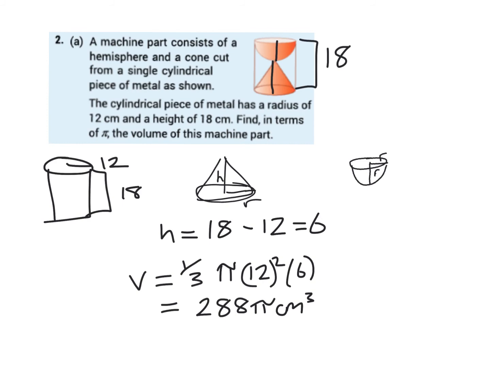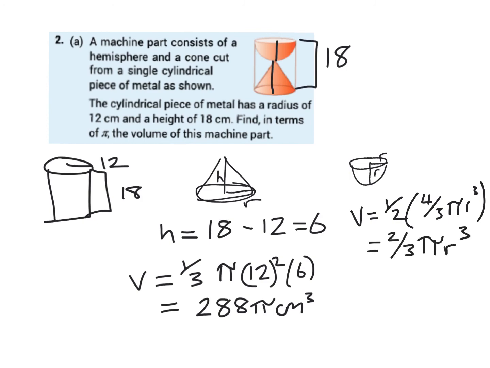Perfect. So now we're going to find the hemisphere. In the log tables we can see that the volume of a sphere is 4/3 pi r cubed. So when we want to find out the volume of a hemisphere, that's going to be equal to half of 4/3 pi r cubed, or we can say that that is going to be 2/3 pi r cubed, and that formula is not in the log tables, just be aware of it.